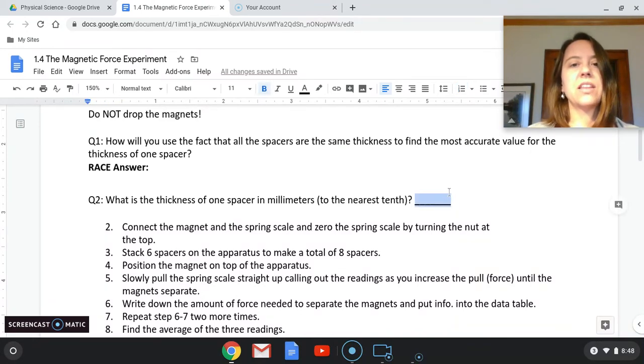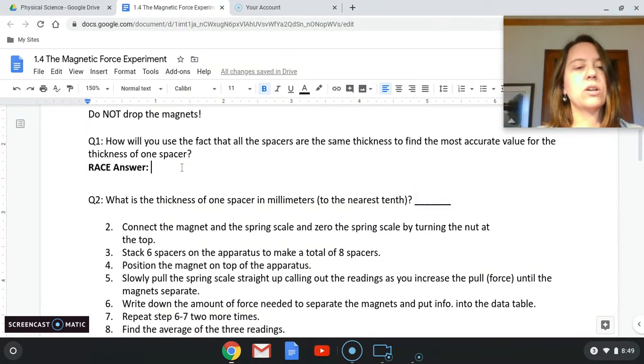If you need a calculator, that's fine, or you can move the decimal point over 1. So, what is the thickness of one spacer in millimeters to the nearest tenth? Well, 11 divided by 10 would be 1.1 millimeters.